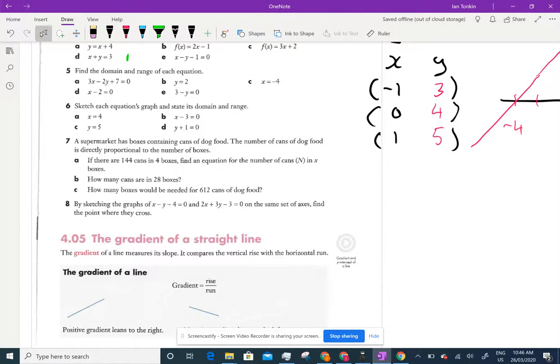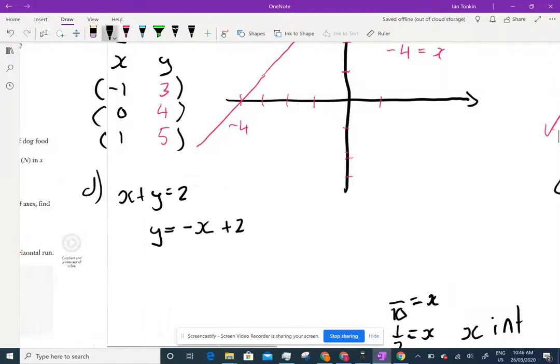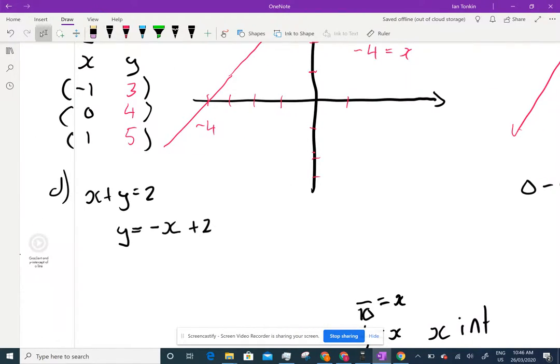So x plus y equals 2. So I need to write it as y equals. So I'm going to minus that x because the y always has to be positive. So this is d. Y equals minus x plus 2, because I want it written that way. So I'm minus x from both sides.